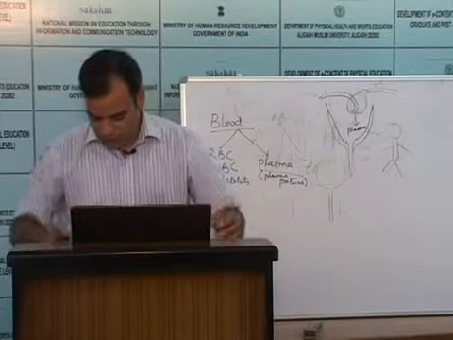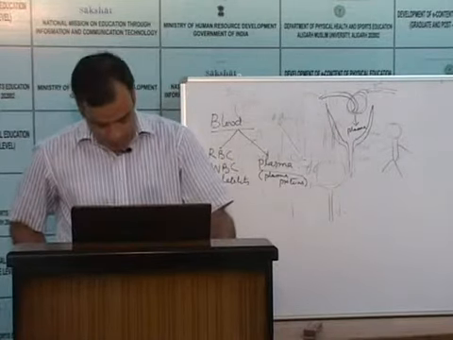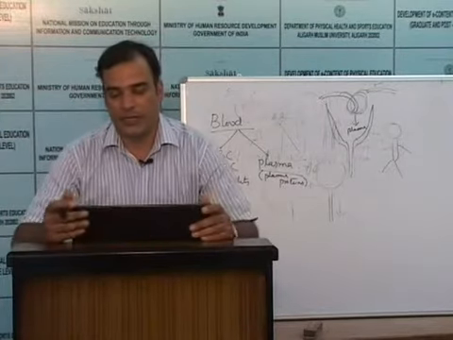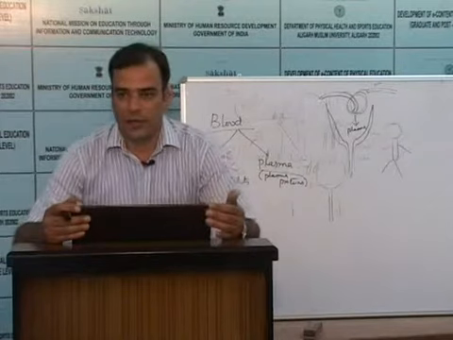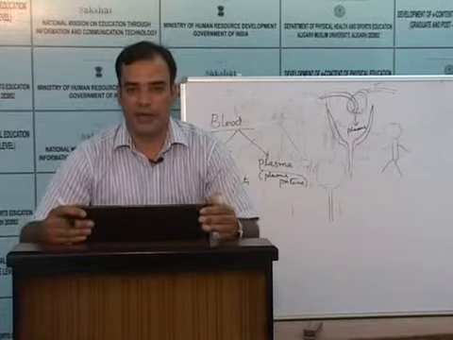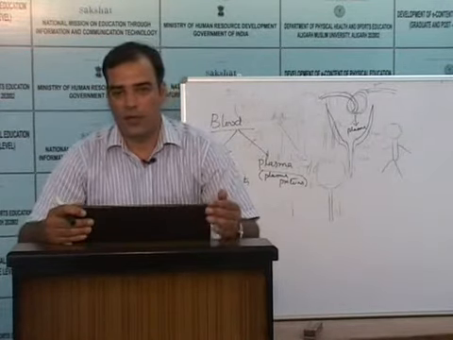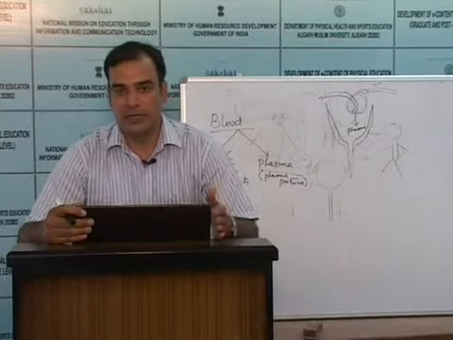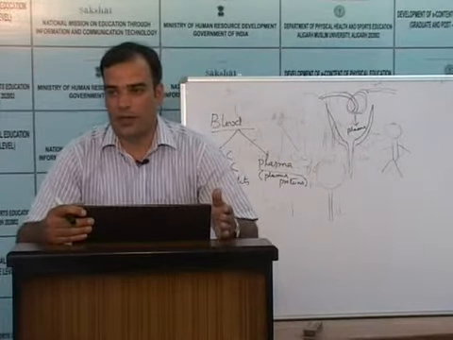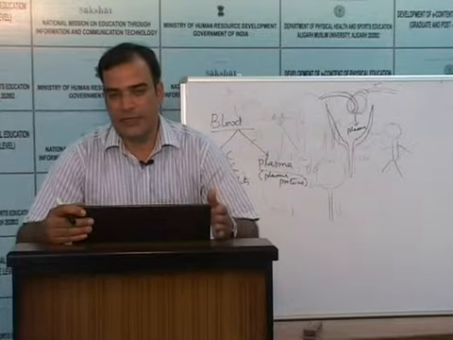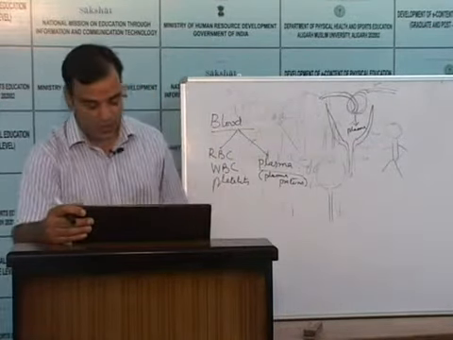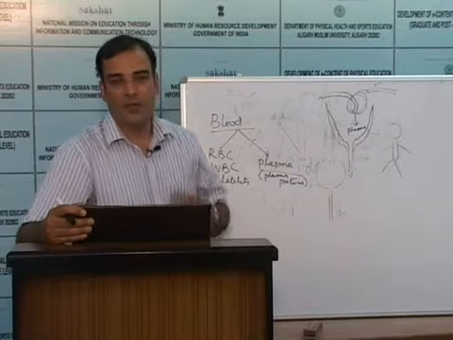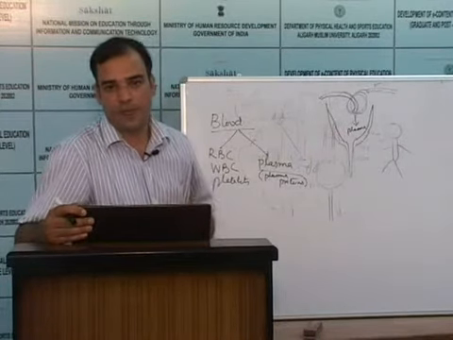This glomerular filtration rate varies with different conditions in our body. Normally, the normal glomerular filtration rate, or GFR, is about 125 milliliters per minute, or we can say 180 liters per day. Here you can see that 180 liters per day is a very big volume.